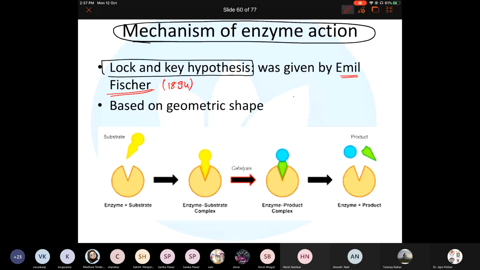This theory is based entirely on geometric shapes.